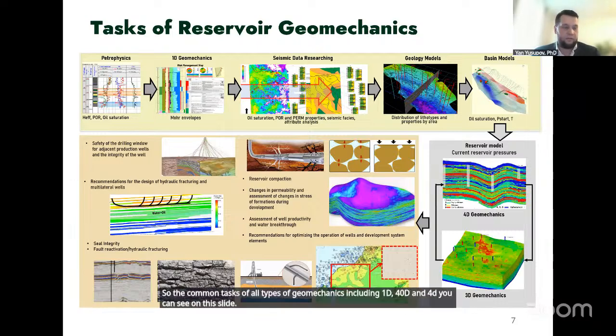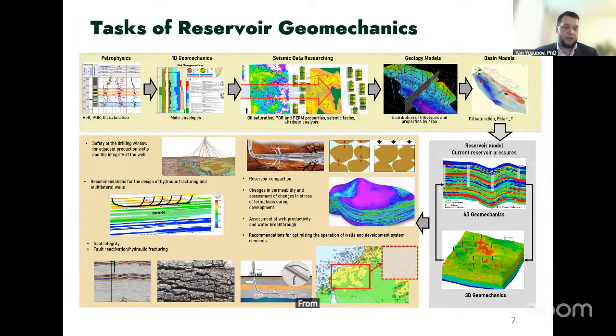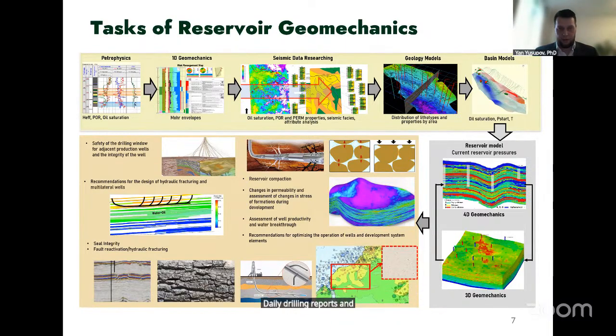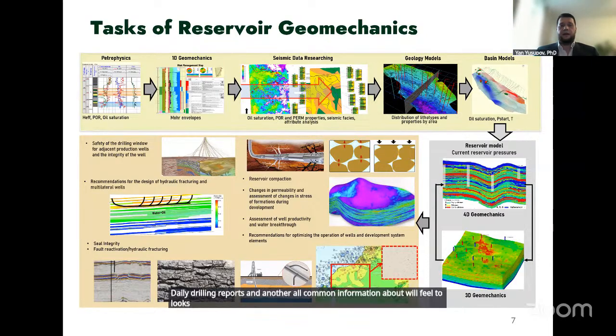Geomechanical analysis starts from a data audit. The data audit includes analysis of logging parameters, core parameters, well investigation data, drilling events analysis, daily drilling reports, and all common information about the well, field, and logs, and decision making about using or not using this information in further stages of geomechanics.